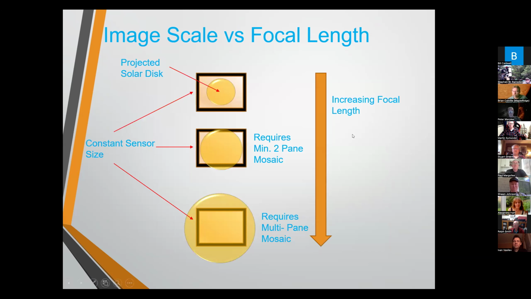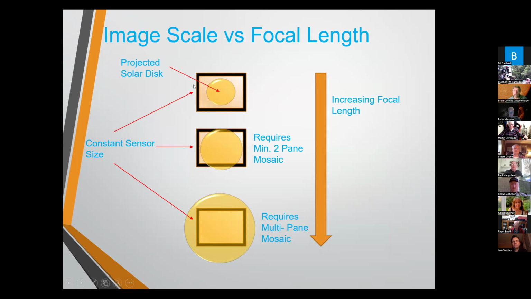So, image scale versus focal length. We've mentioned now the objective diameter and the importance of choosing the right diameter for the seeing conditions. If we talk now about the focal length, but this relates also to the camera, because what I've drawn here is a sensor, the same size sensor, but with increasing focal length.